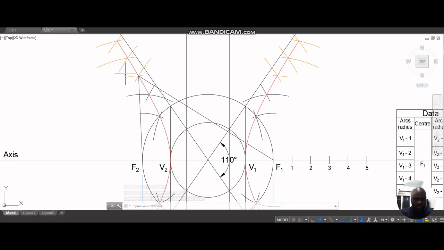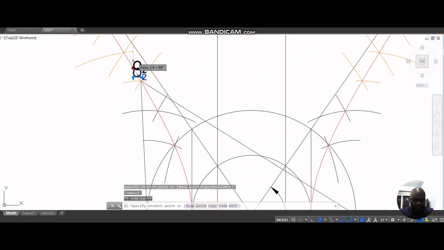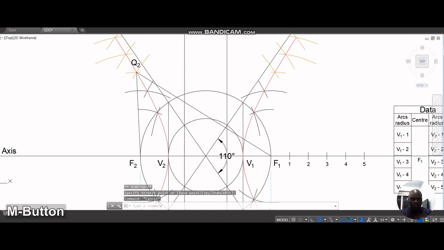Let me call this point Q2. I'm going to bisect that angle Q2.